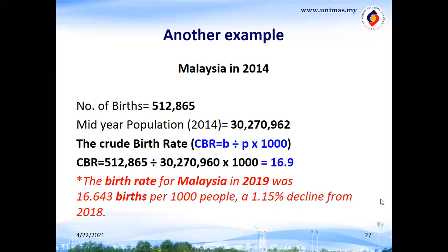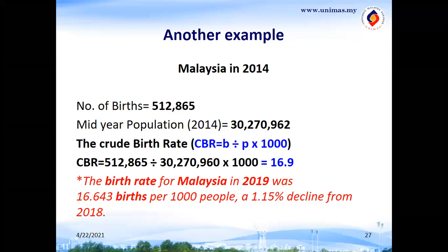The birth rate for Malaysia in 2019, CBR, crude birth rate, sorry, was 16.64. So it has more or less maintained around 16. Yeah, it has decreased a bit.